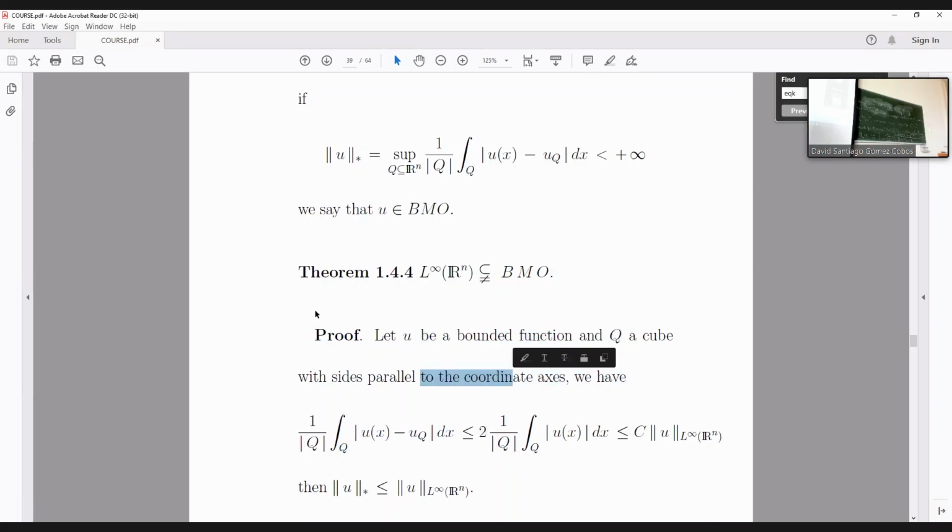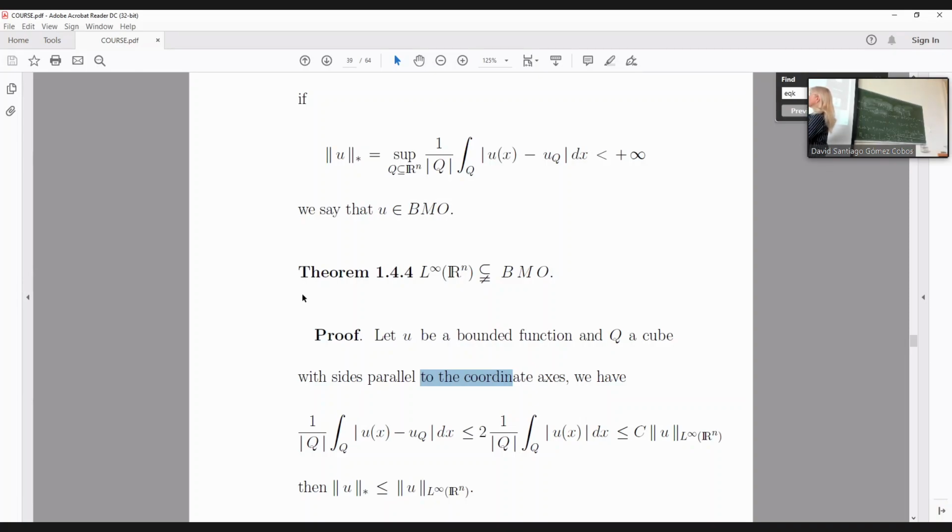So, if we consider the definition of BMO, we start with 1 over the measure of Q, the integral in Q of |u(x) minus u_Q|. But u_Q is a constant, so with the triangular inequality we can consider |u(x)| plus |u_Q|.